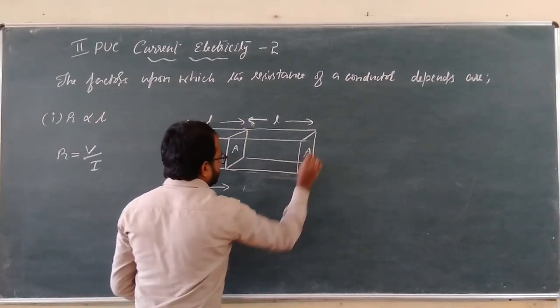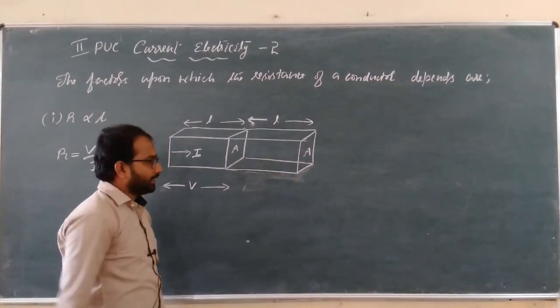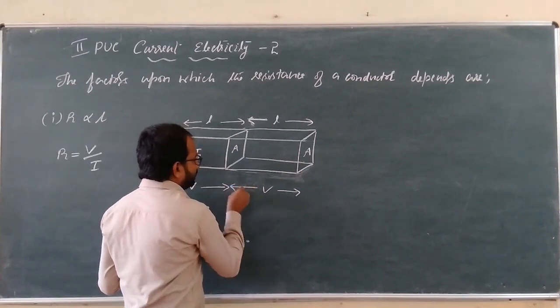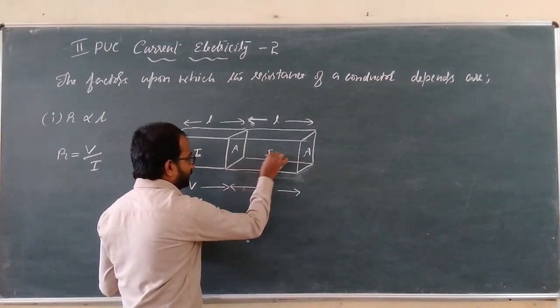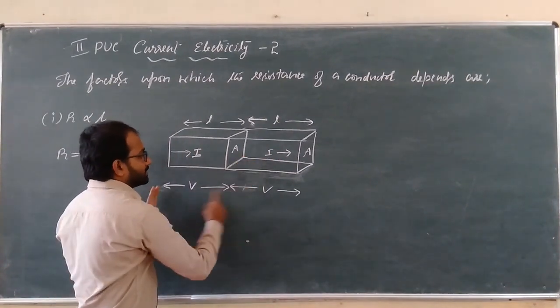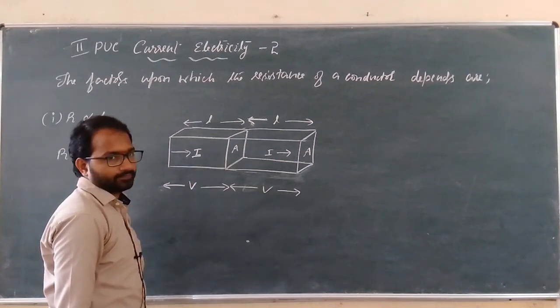Say if I consider this conductor separately, if I apply a potential difference of V, the current flowing through it is I only, right? Now if I join these two conductors, I have to apply a potential difference of 2V to maintain the current of I, right?